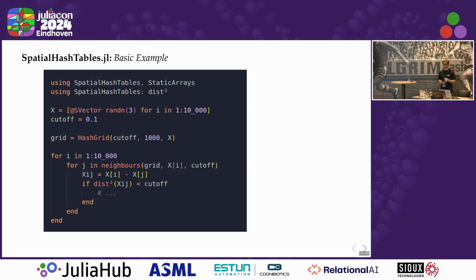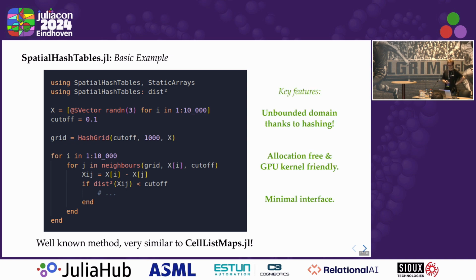So this is how the package is used, and that's very similar to the more established package called CellListMap. In comparison to CellListMap, some of the features I'm providing are that you can have unbounded domains, so you can have your points anywhere in space, and you don't need to say, oh, I'm in this area.